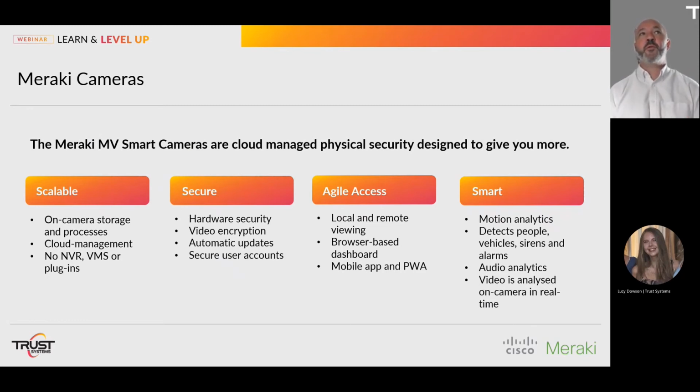So from a physical camera perspective, they offer an enhanced value to a lot of your traditional CCTV cameras, and then on top of providing that motion analytics, there's people detection, vehicle detection, and audio analytics as well, that can help drive some of that other information through some of the operational performance improvements that we've suggested through this talk.